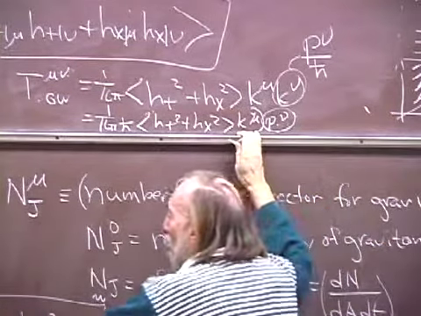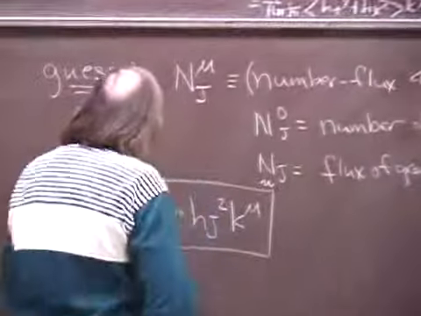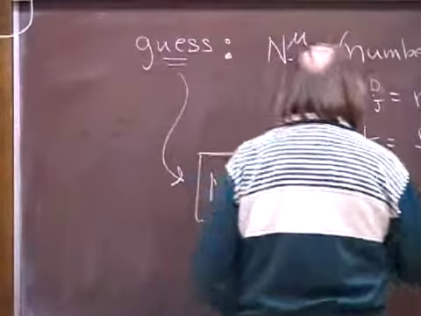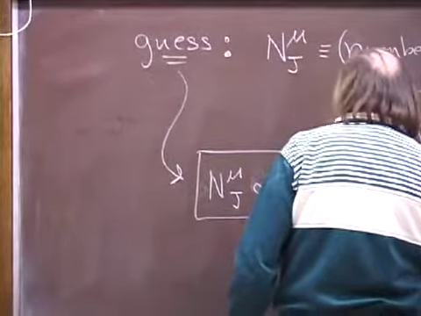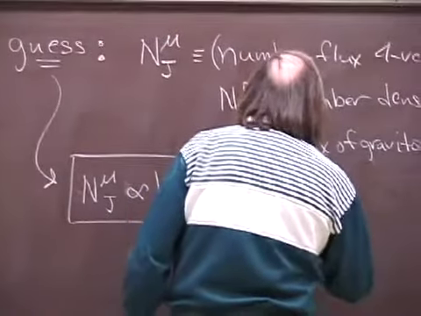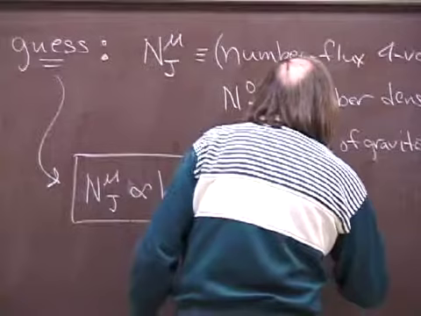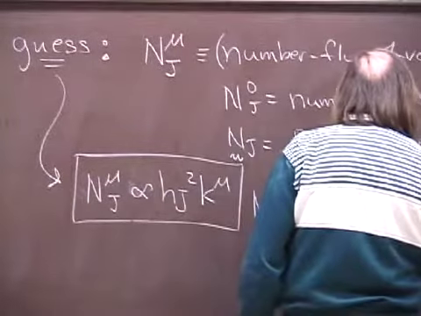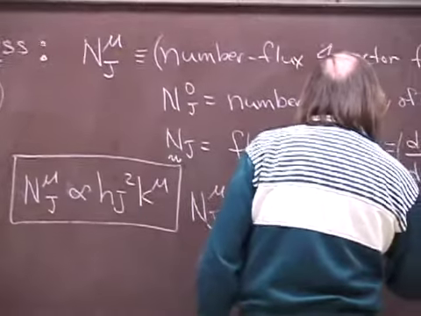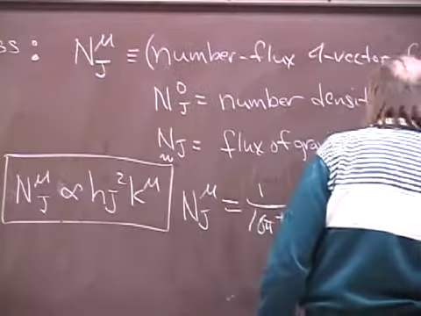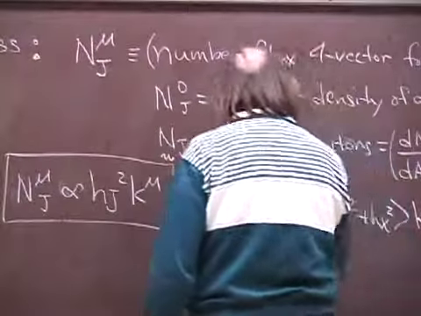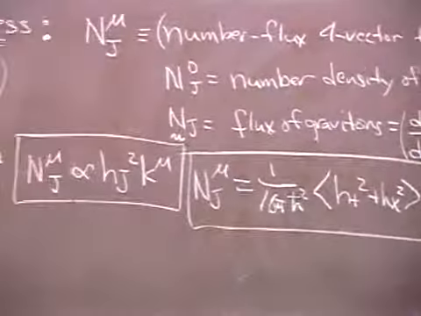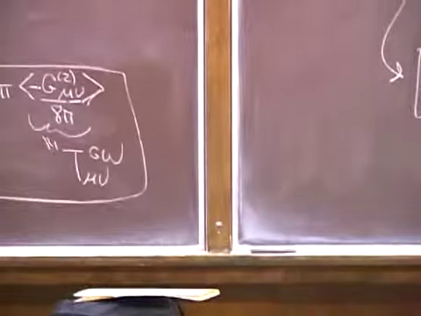And so down here, where I argued that the number flux vector for gravitons should look like this, the correct statement is that the number flux vector for gravitons is equal to 1 over 16 pi h bar squared times the average over a wavelength of h plus squared plus h cross squared times k mu. So that's the correct statement that comes from applying geometric optics to this Isaacson stress energy tensor.